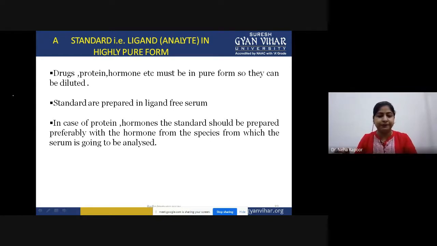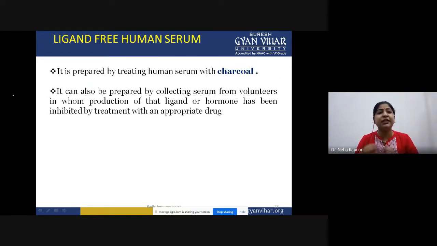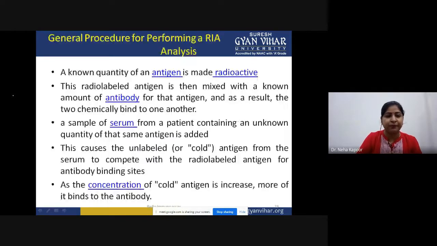Next, we need a ligand-free human serum. Normally, we can prepare this serum by treating the human serum with charcoal. However, we can also collect serum from many willing persons, and from that obtain serum in which the ligand or hormone has been removed by treatment with an appropriate agent.